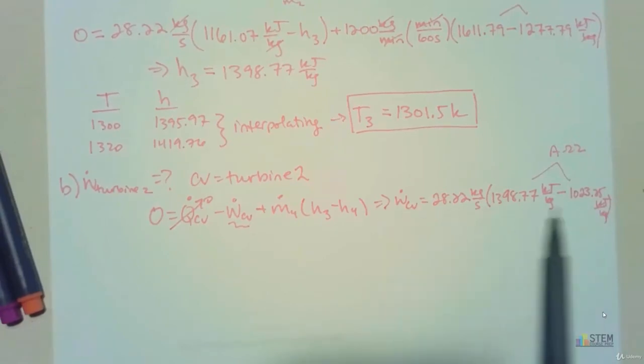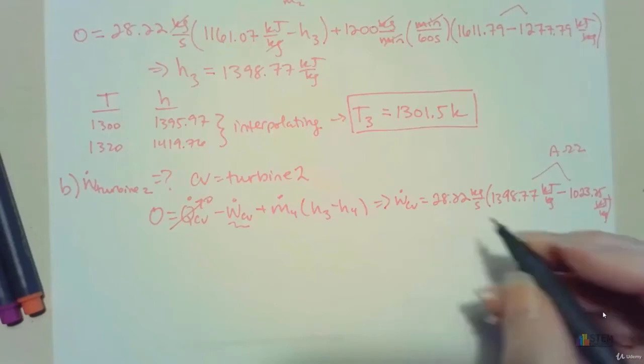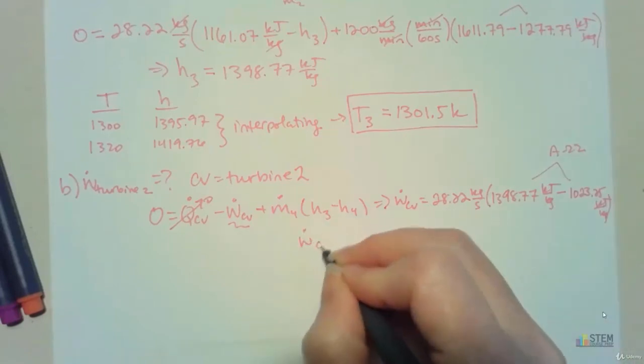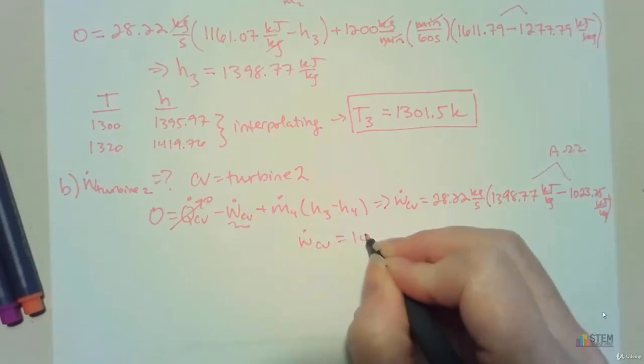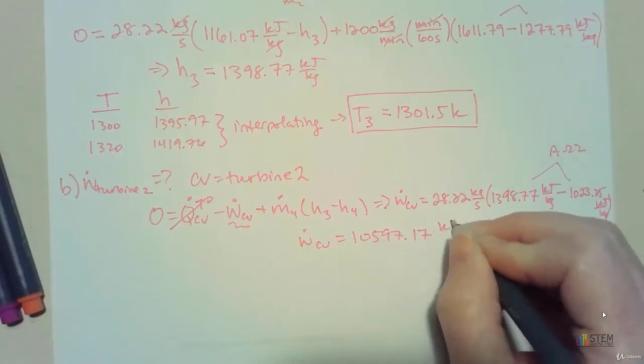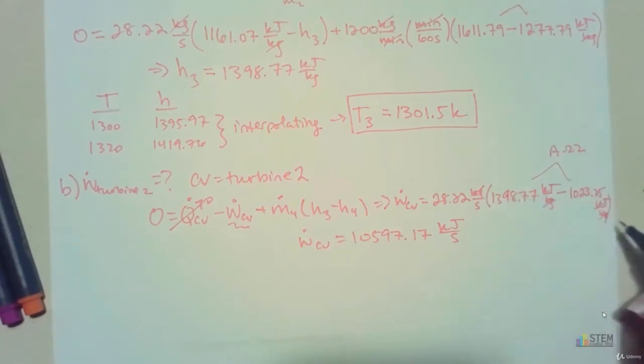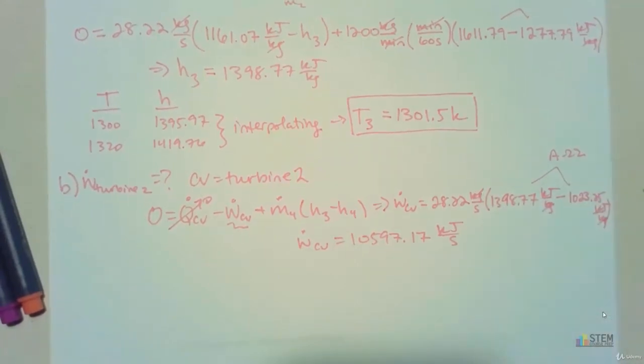Let's go ahead and solve here. So W dot is going to be 10,597.17. The units will be kilojoules per second, because notice kilograms go away. It wanted it to be in units of kilowatts.